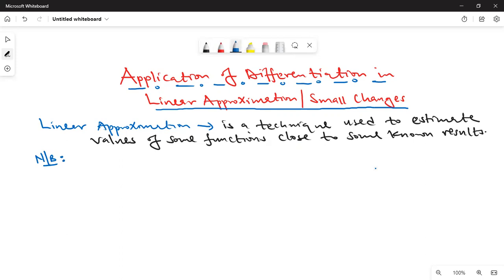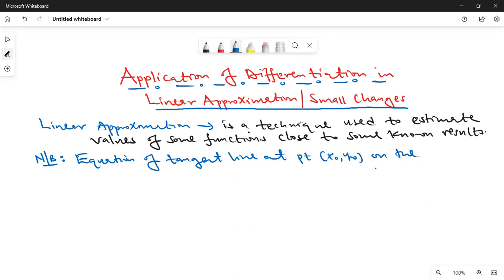Take note that the equation of the tangent line at point x0, y0 on the curve y equals f of x can be used to approximate the function y of x.